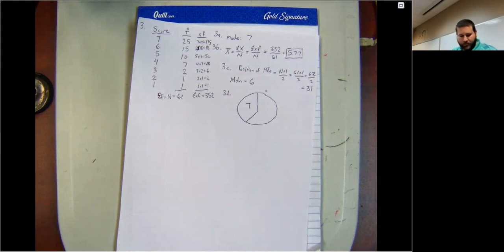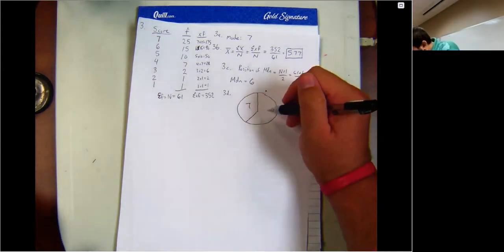The 6s, well, how many 6s were there? There are 15 out of 61 values that are 6s. That's 0.2459 times 100, which is 24.59%. So about 25%, about a quarter of the data.